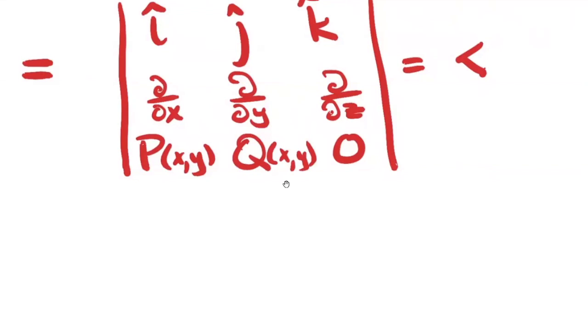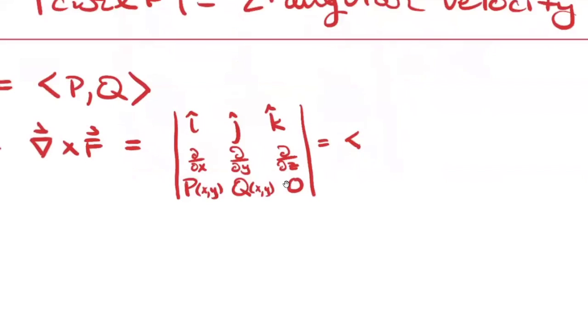Okay, and so when I take the i component, I'm getting a 0, but then there's the partial of Q of x, y with respect to z. That partial derivative is going to be 0. So it's 0 minus 0.